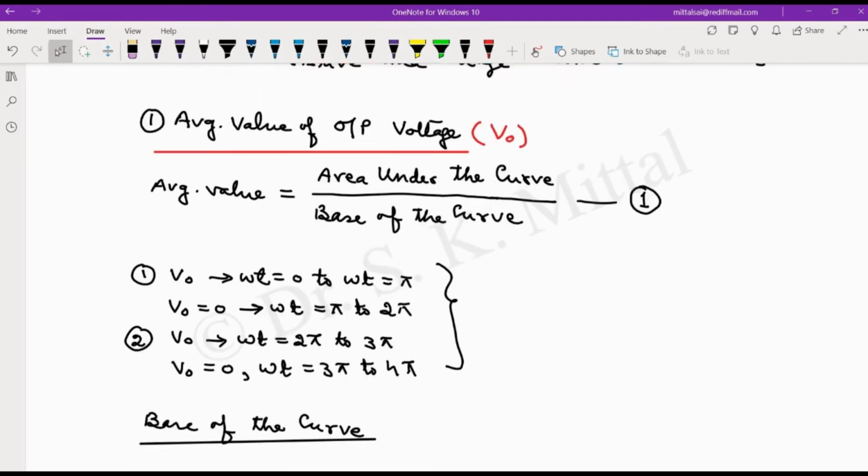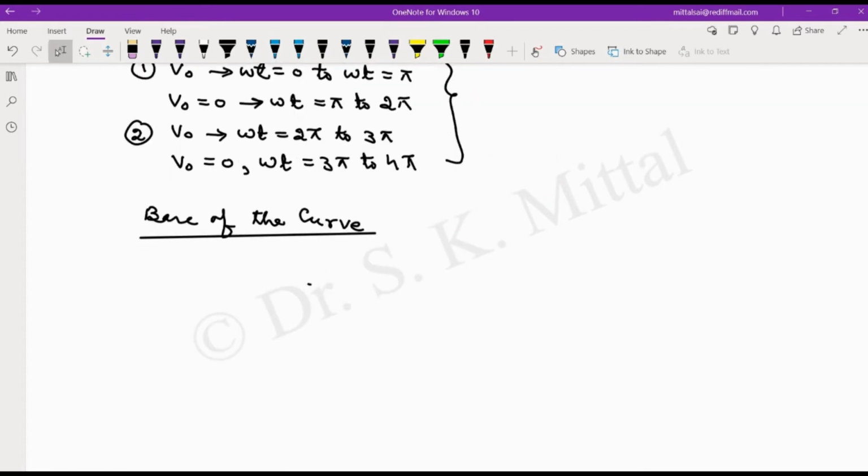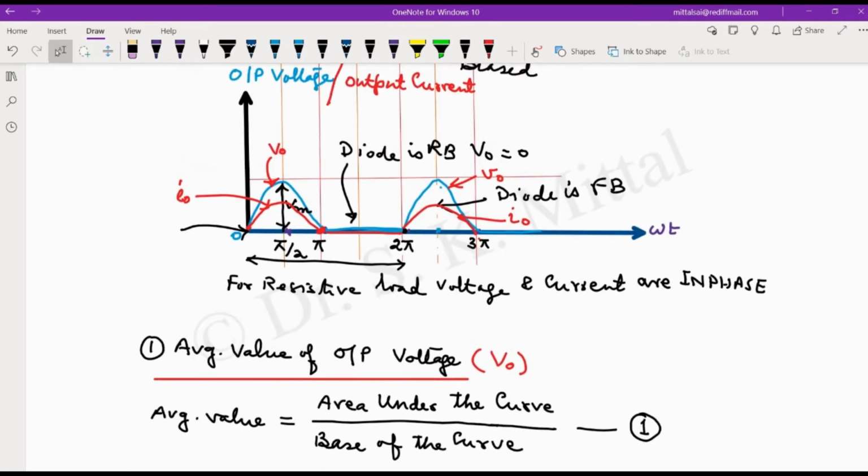So therefore, base of the curve in this case is 2 pi, because after 2 pi, the same pattern is repeated. Once again, see, the positive output voltage starts from omega t equal to 0.